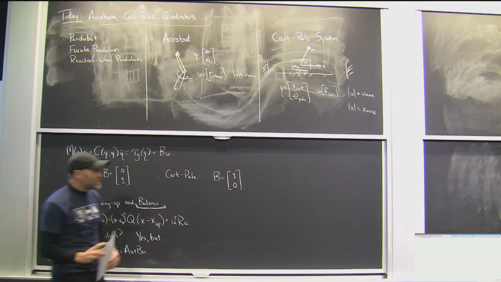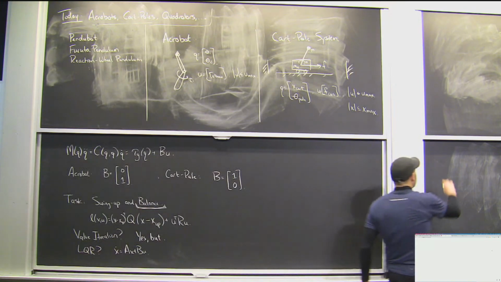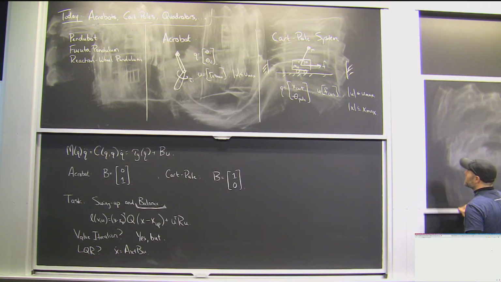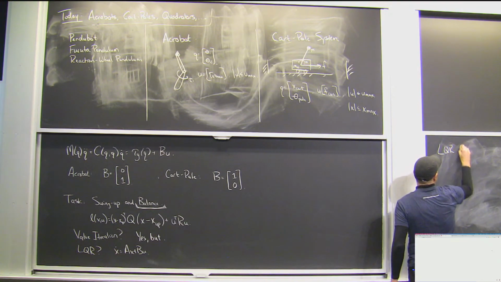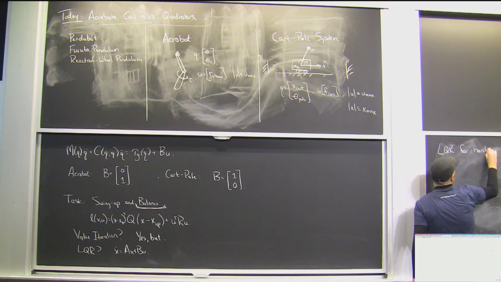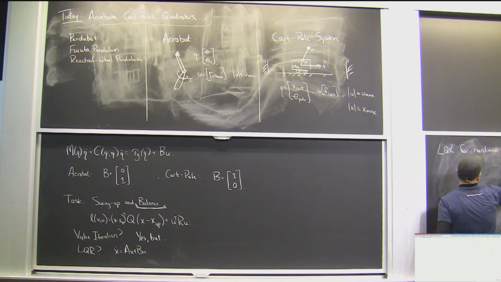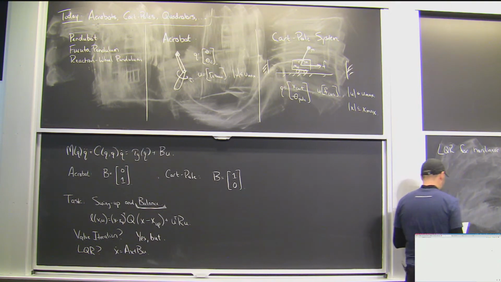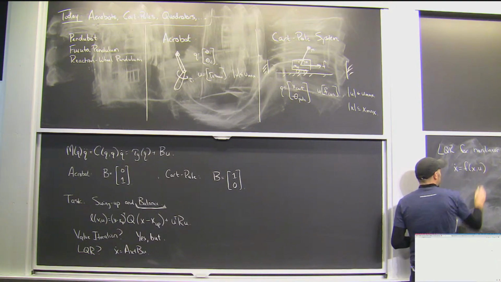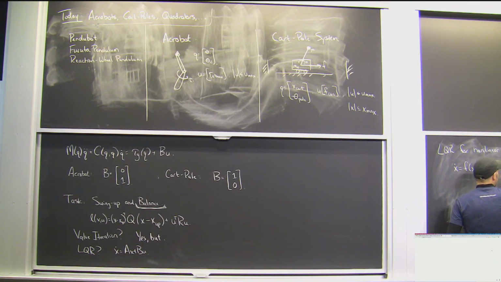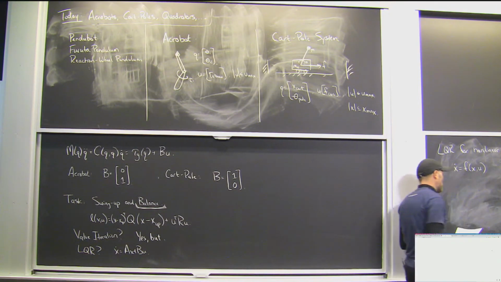So I want to spend a little time now thinking carefully about what happens when you apply LQR to a nonlinear system. So I have this form. I know how to design controllers with LQR in this form. Okay, how do I start with this and get to something like that?